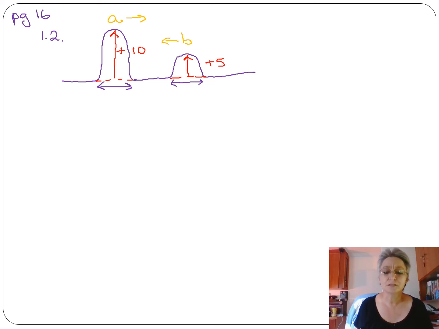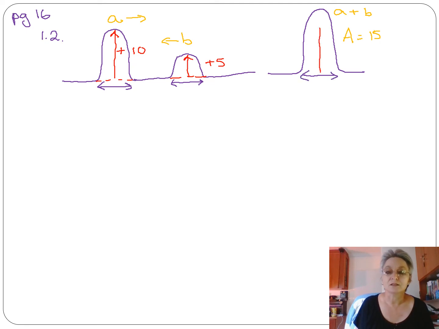Now you need to fit in on there what these pulses would look like when they are in superpositioning. So you have something that goes up 15 blocks. So A plus B has an amplitude of 15. Please check when you draw the pulse width should be as the book says.